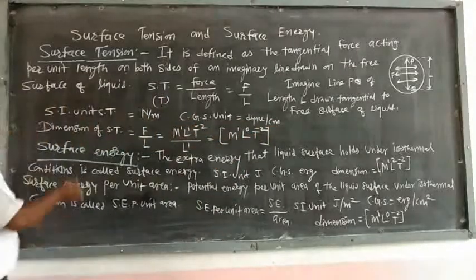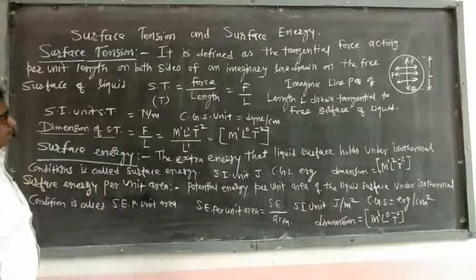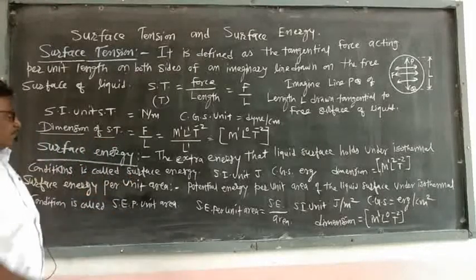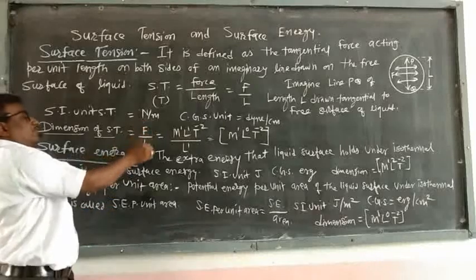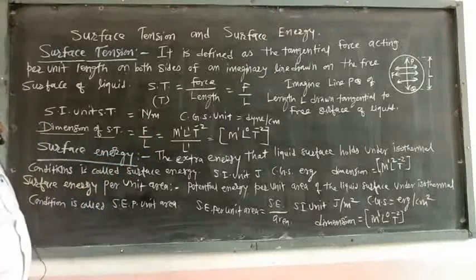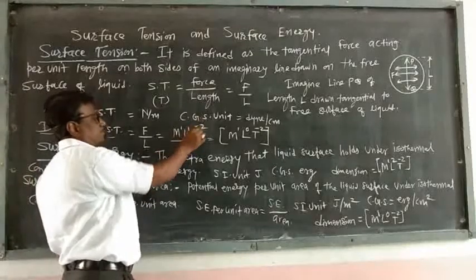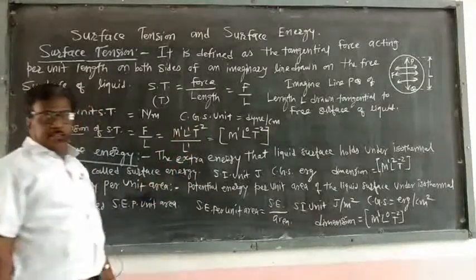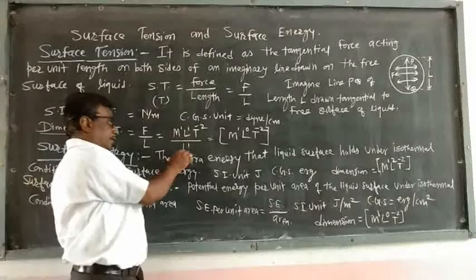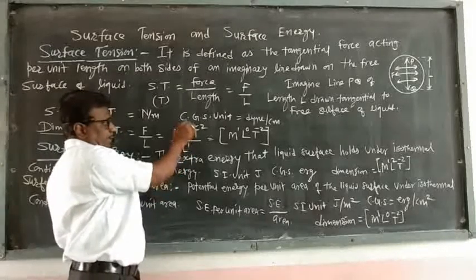Now we find the dimension of surface tension. We know the formula for surface tension is force per unit length. The dimension of force is M^1 L^1 T^-2, divided by L, the length, for which we write L^1.